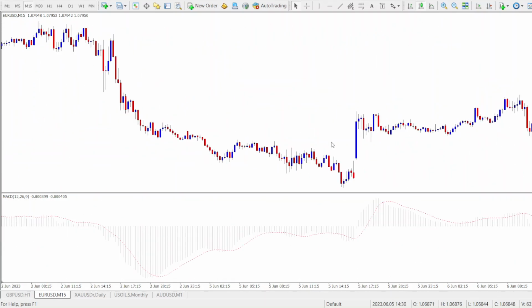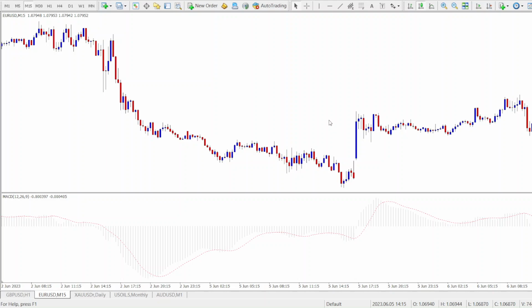When the market is moving quickly, the key is to adjust the settings to match the time frame you are trading on. So for faster signals and more responsive moves, tweaking the MACD settings can give you an edge.